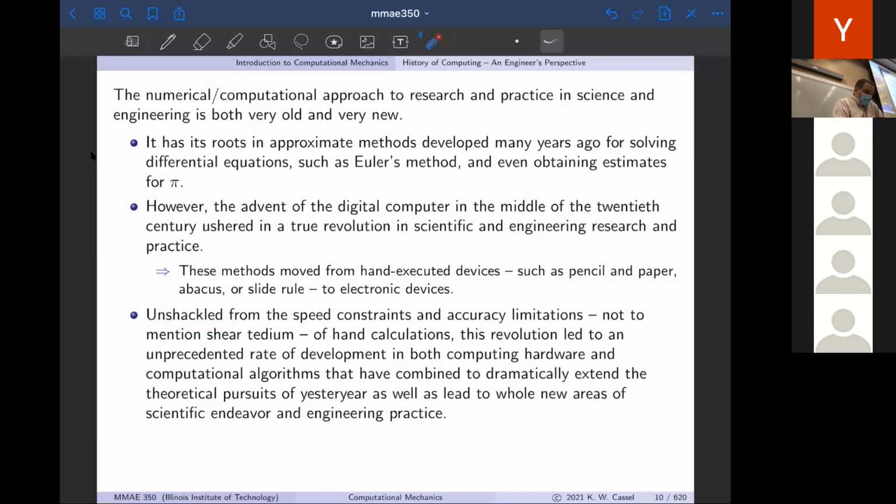There's been a tremendous rate of development in both the computing hardware as well as the algorithms that we use to do the calculations. Even in your lifetime, obviously you've seen how much faster computers have gotten. Everything now is multi-core. My watch, I think, has 4 cores, which I don't know what it's doing with all 4 of those cores right now. I guess tracking my pulse and, who knows what.